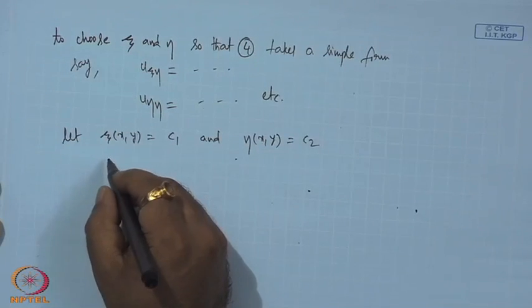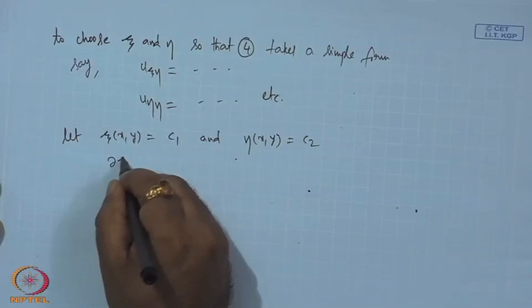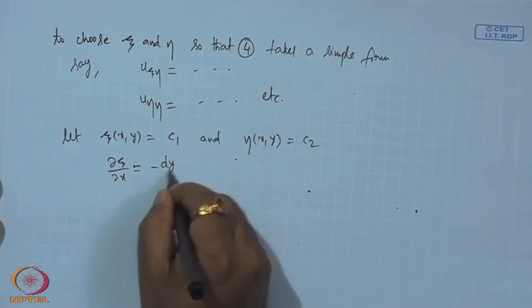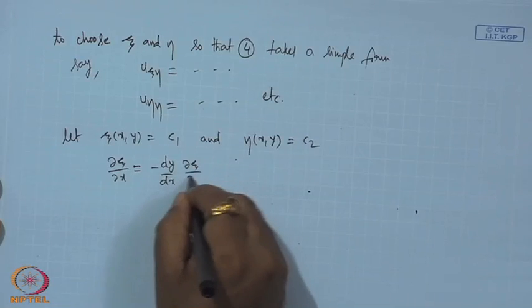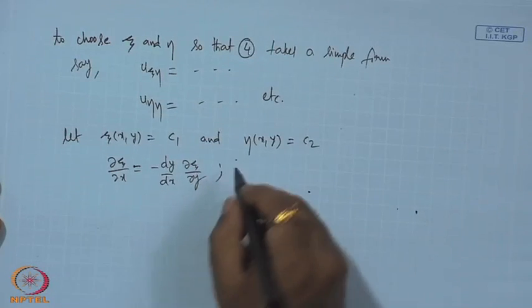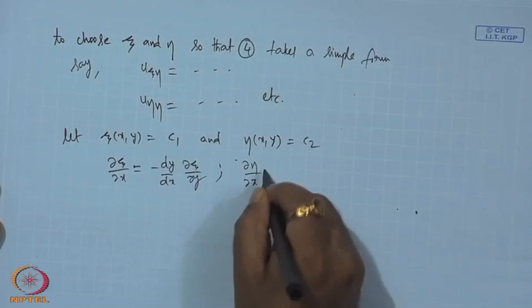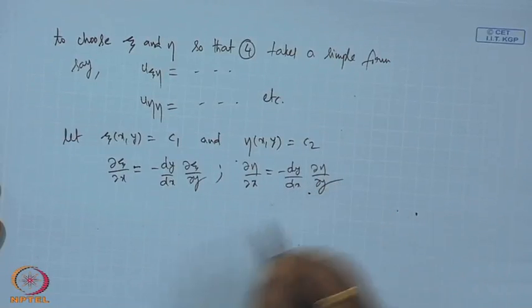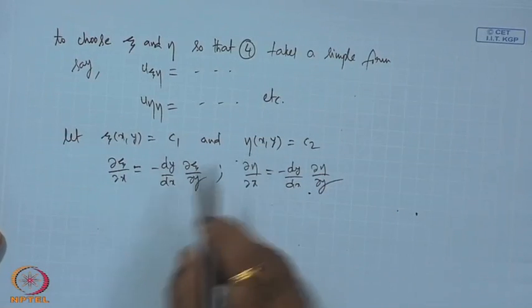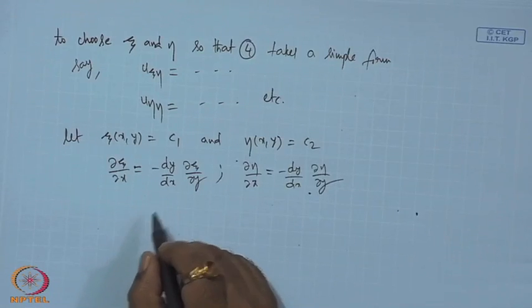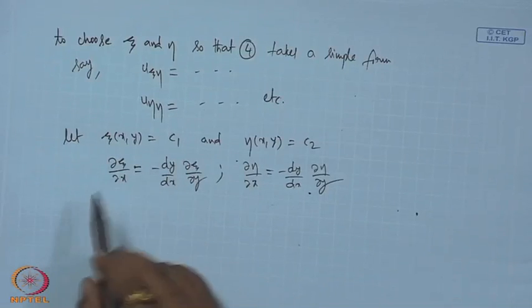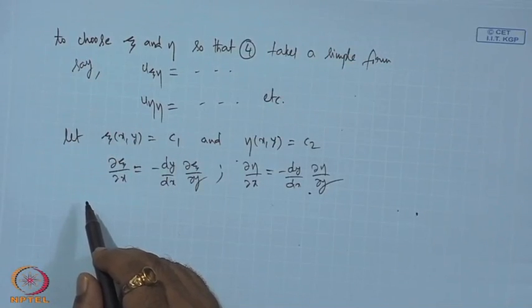Then we have this, and we can verify it just by the chain rule.